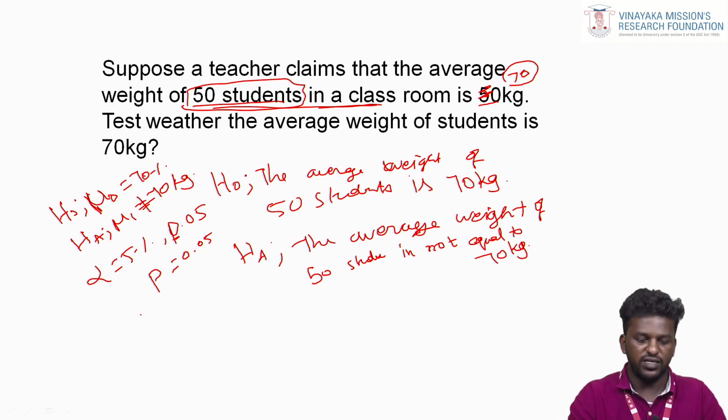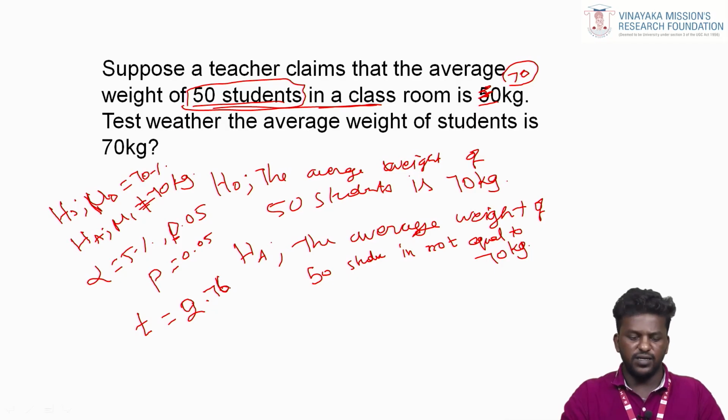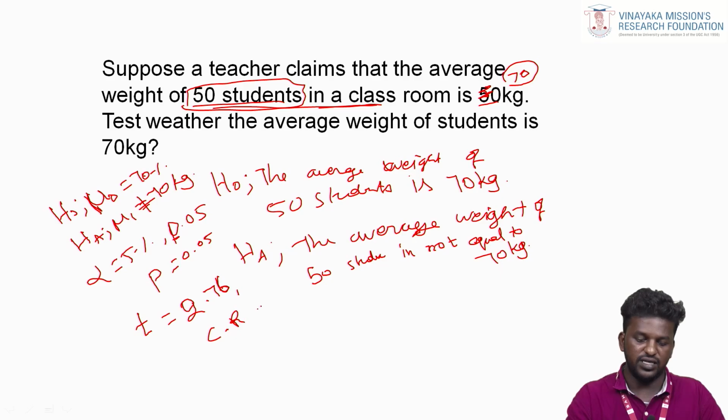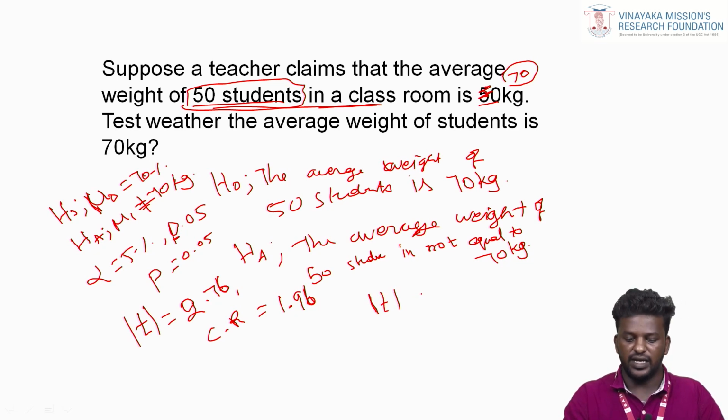Assume that the test statistic of my problem is 2.76. Based on the table, my critical value at 5% is 1.96. So the modulus of t is greater than the critical value, that means it falls in the error region. Otherwise you can also calculate your significance value, that means the p-value.